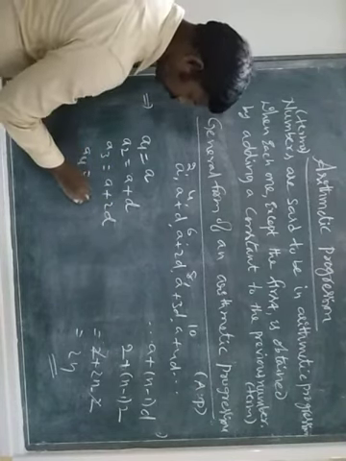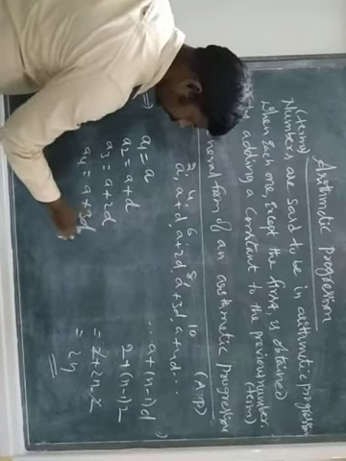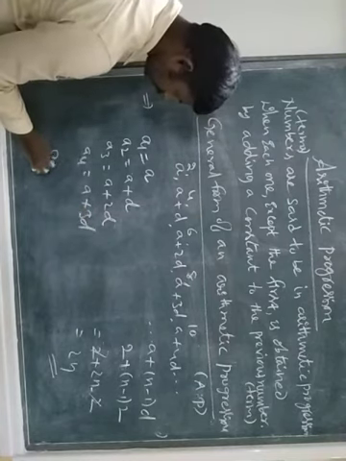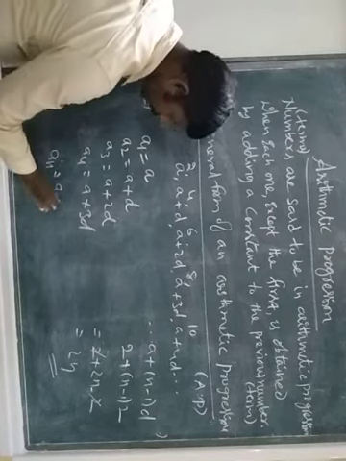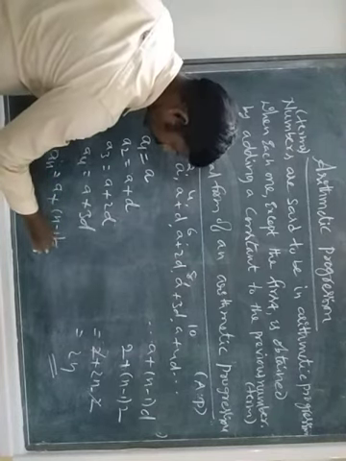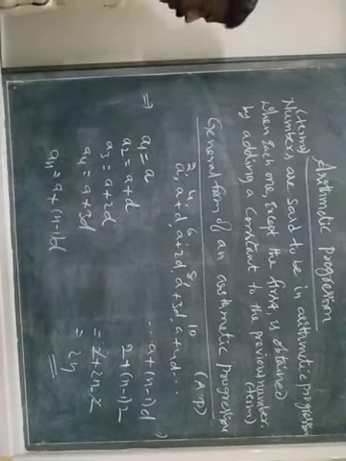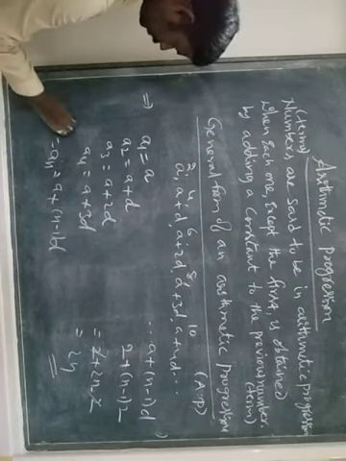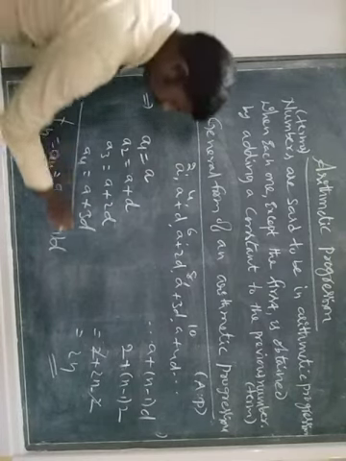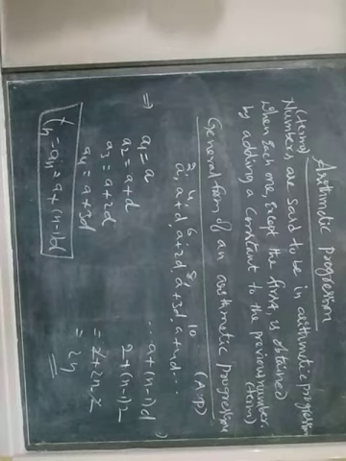Fourth term is A plus 3D, and so on. An is equal to A plus (n minus 1) into D. So this An is called the nth term of an arithmetic progression.